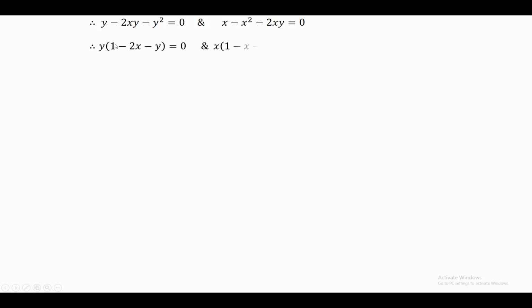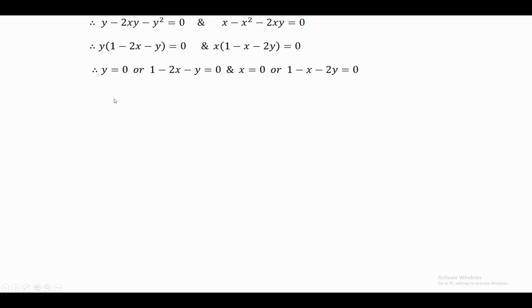So we get y into bracket 1 minus 2x minus y equal to 0 and from the second equation x into bracket 1 minus x minus 2y equal to 0. Then either first term 0 or second term 0. So y equal to 0 or 1 minus 2x minus y equal to 0, and x equal to 0 or 1 minus x minus 2y equal to 0.